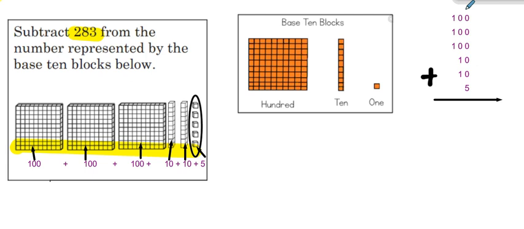So all of these are zeros, and then I have a 5. So I know my answer is going to be 0 plus 0 plus 0 plus 0 plus 5 is what? 5. So I'm going to write a 5 down here. Then I'm going to go ahead and add my 10s, which are this one right here. 0 plus 0 plus 0 plus 1 plus 1. That equals 2. Okay.